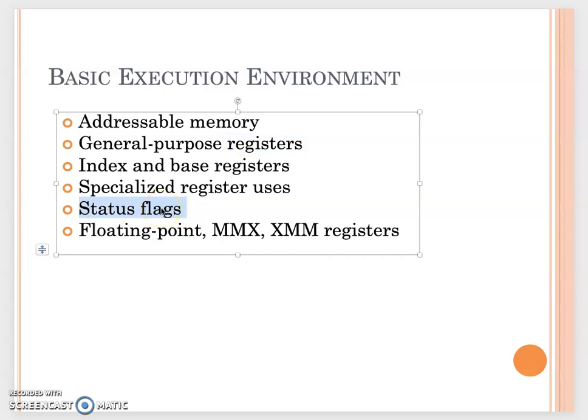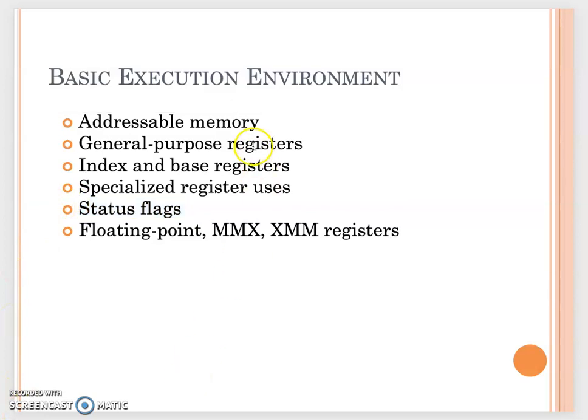Remember earlier, when we talked about instruction execution in the CPU, every time after an instruction we do some calculation, then we update the status flags. Those status flags are important in the execution environment, so we will talk about them. Then you will see how those registers serve special purposes.